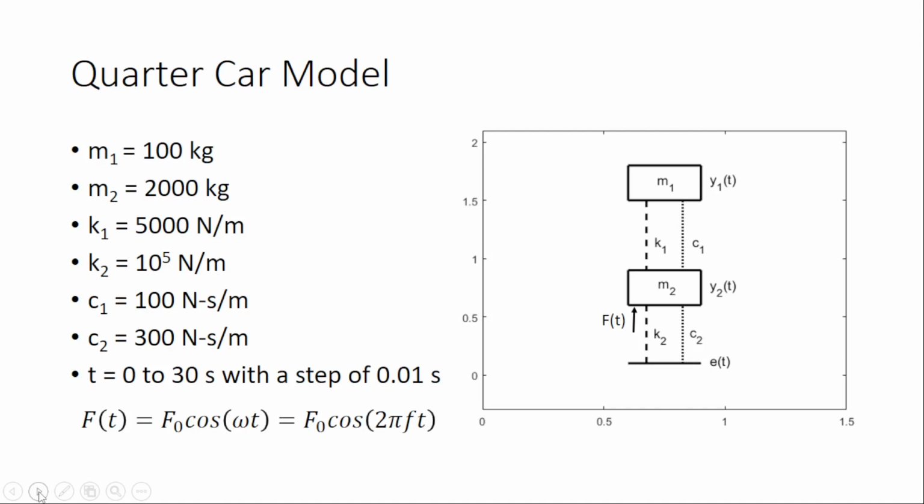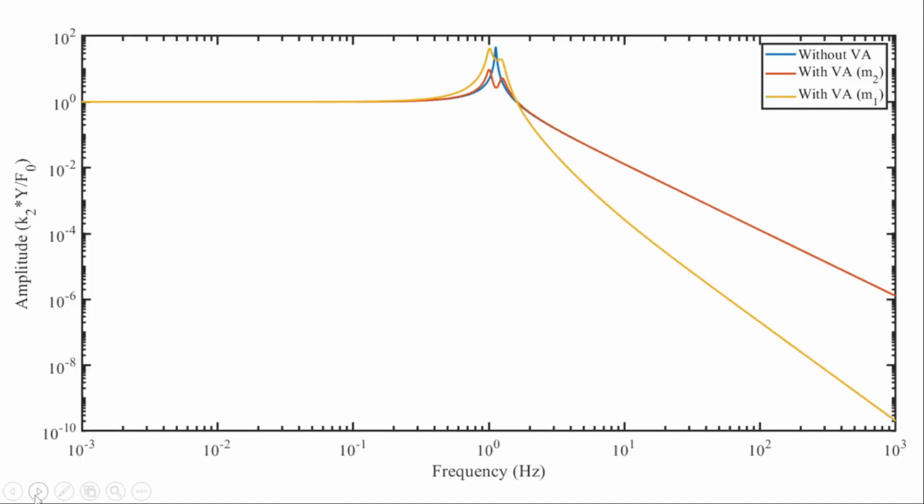The mass and stiffness m1 and k1 are chosen such that k1 by m1 is k2 by m2, and the damping is chosen arbitrarily. Let us say a sinusoidal force f naught cos omega t acts on the mass m2.